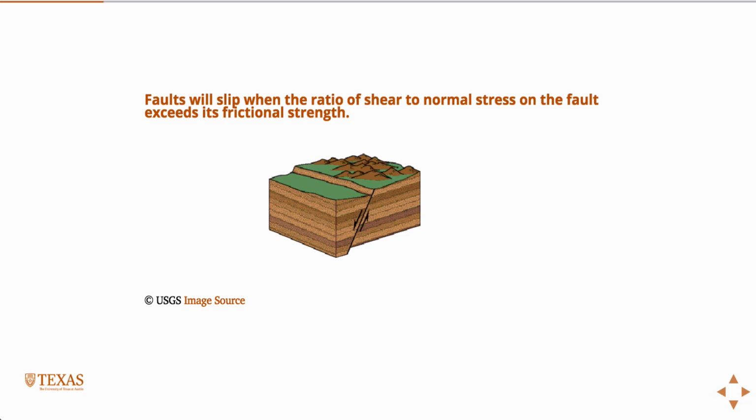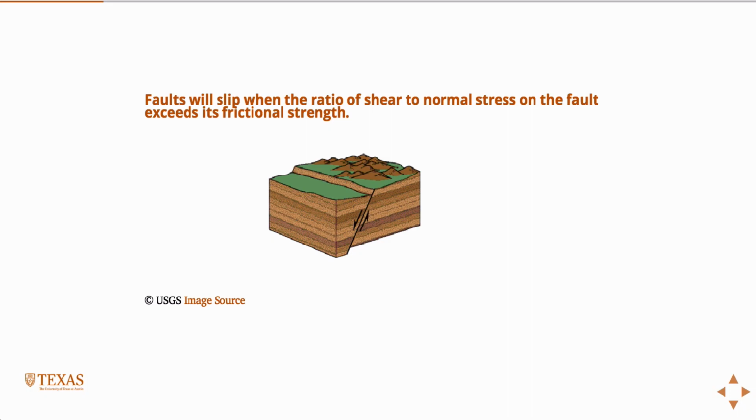When you increase the pore pressure, you increase the normal stress on the fault, so whether a fault's going to slip or not is dependent upon the forces resolved on that fault. So how much normal force, the force sort of holding the fault closed, versus how much shear force, and the friction factor, which is a material property of the rock.